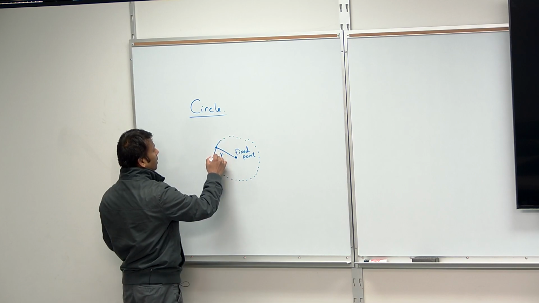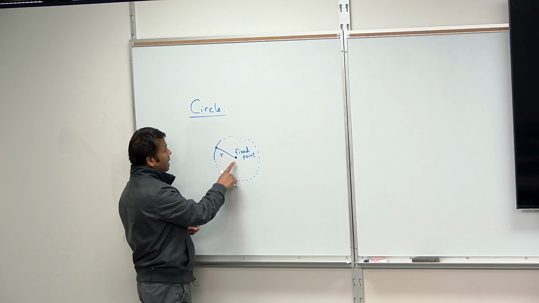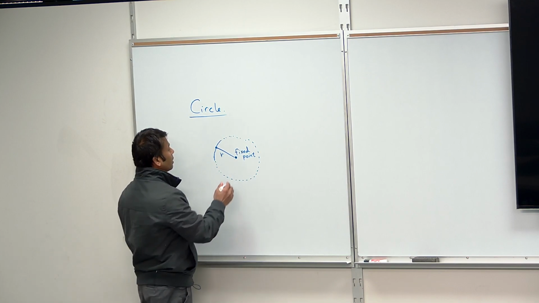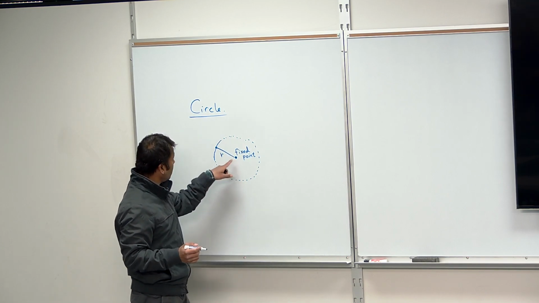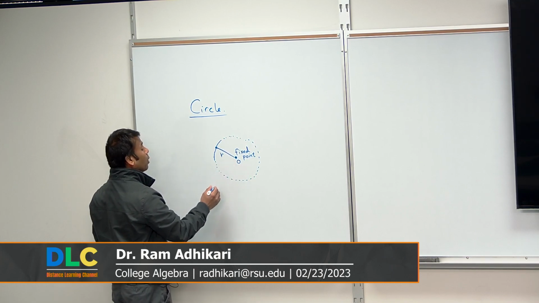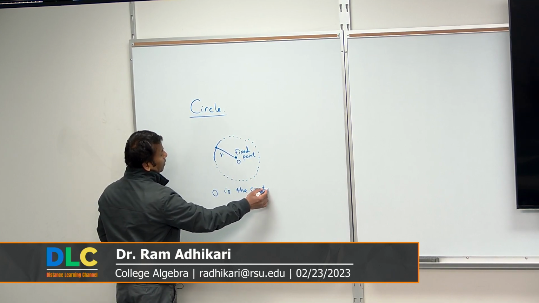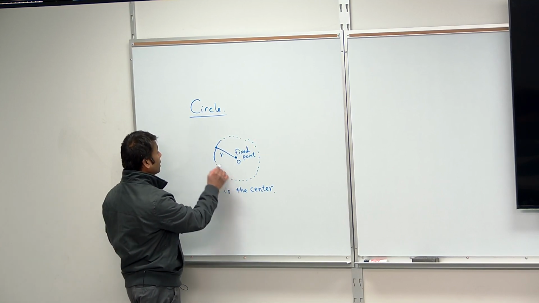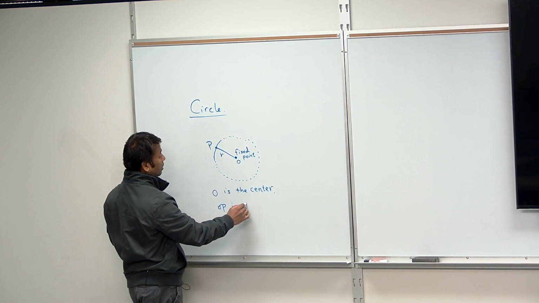Make sense, guys? These are the set of points, right? And all these points are at a fixed distance from a fixed point. This fixed point is called the center. And the fixed distance is the radius. So let's say O is a fixed point, so O is the center, and this is point P, so OP is the radius.